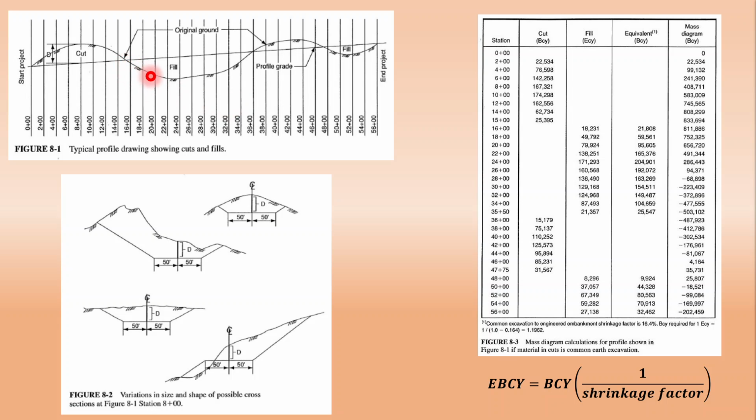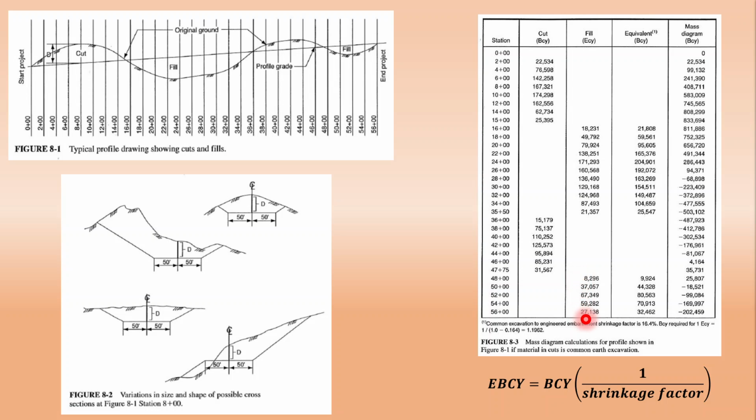And then we're all fill all the way up until 36 plus a pair. So that's what you see in the table here. And these numbers represent the individual earthwork between those succeeding stations, right? We stay in fill until 35 plus 50, or about 36 plus a pair. We go back to a cut scenario, and then we end the project with a fill scenario.